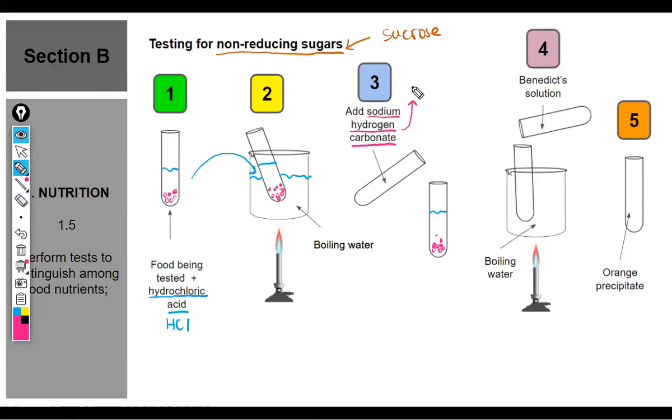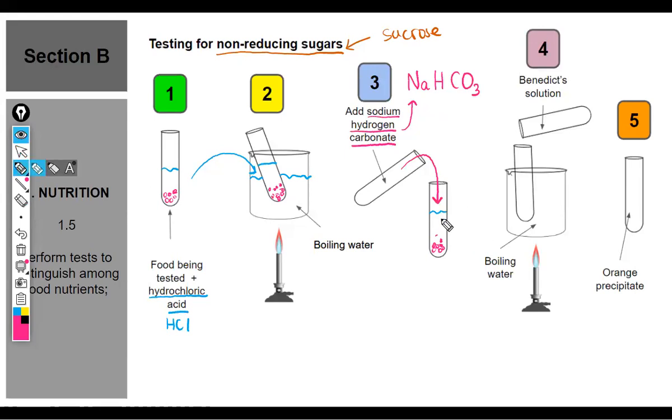This here is the abbreviation for it, just in case they don't write out the whole words in the lab. Sodium hydrogen carbonate. And you take the sodium hydrogen carbonate and pour it into the heated mixture.